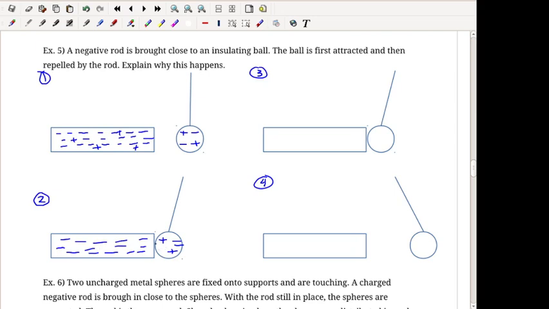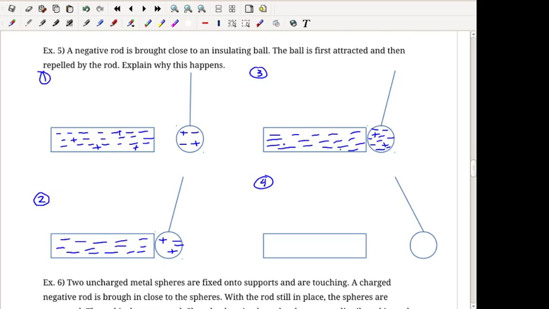But when they actually come into contact, this is stage number 3, some of the negatives from the rod now jump onto the ball. And the ball becomes negatively charged.